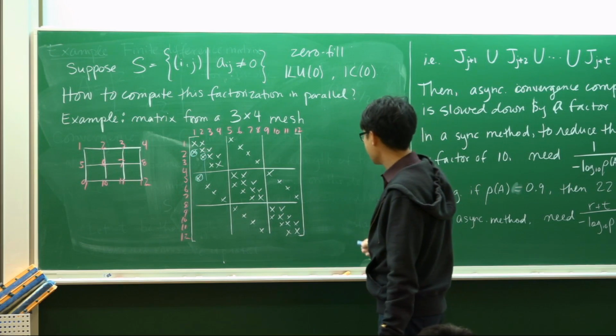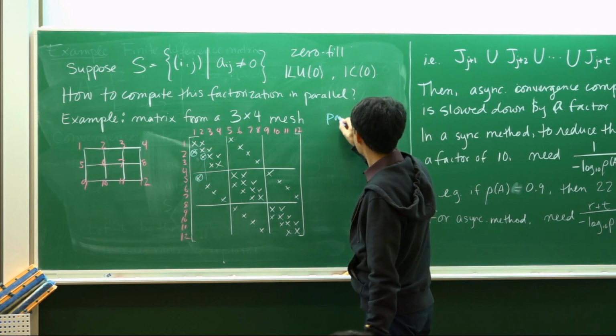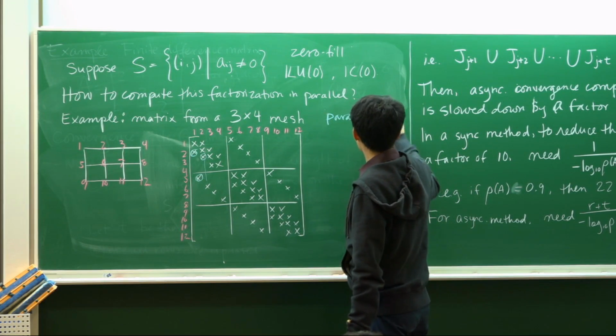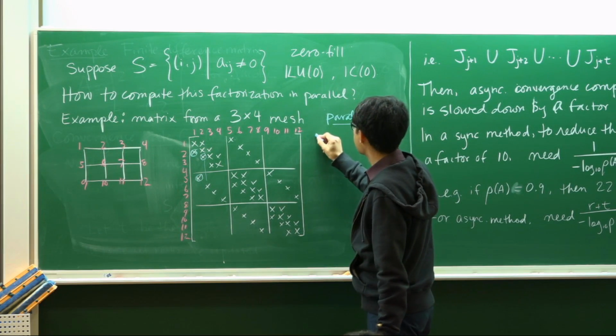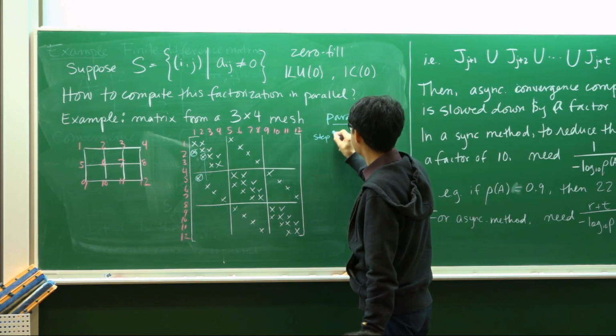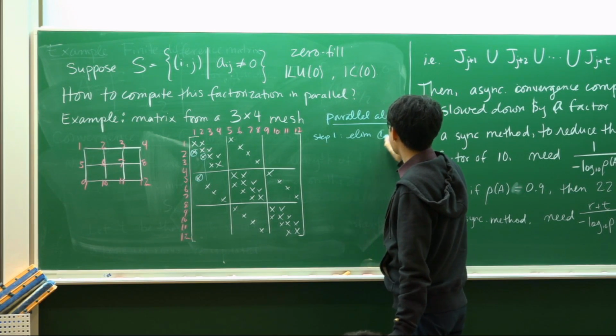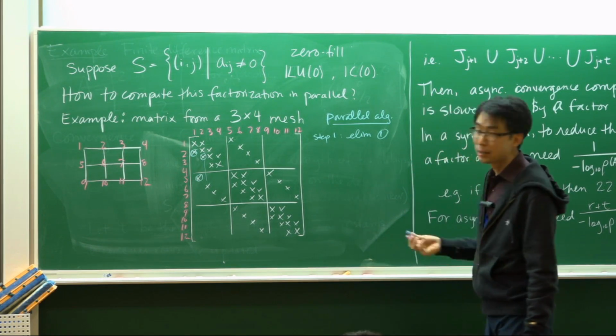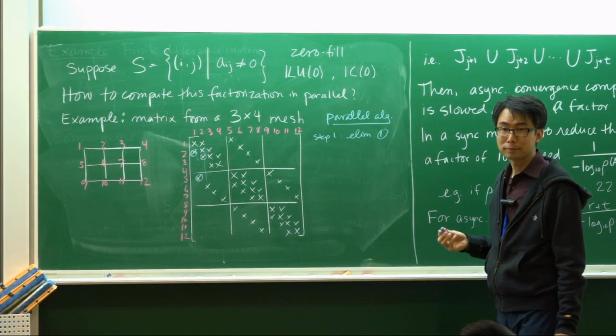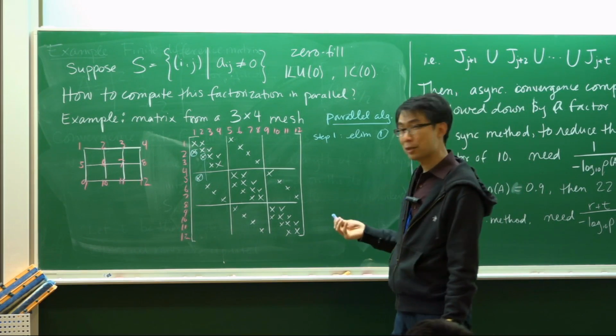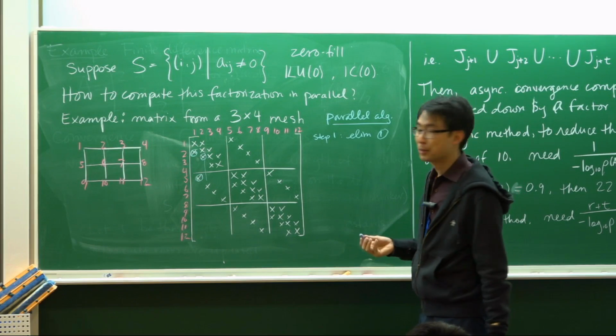So in the parallel algorithm, in step 1, we can only eliminate the first column. There's no other work that we can do. So things look pretty bad for the parallel algorithm.